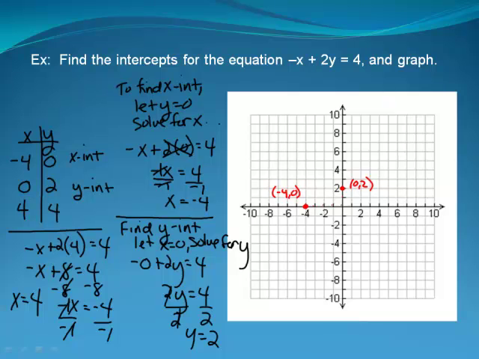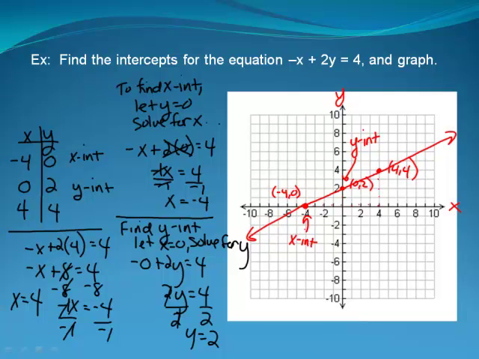And we've got 4, 4, which is 4 to the right, 1, 2, 3, 4, and 4 up, 1, 2, 3, 4. Those all should lie in a straight line, and it looks like they do. So we'll draw our line through there. If you're asked to label intercepts, this, of course, is your x-intercept. It's the point where your graph crosses the x-axis, and this is your y-intercept. It's the point where your graph crosses the y-axis.